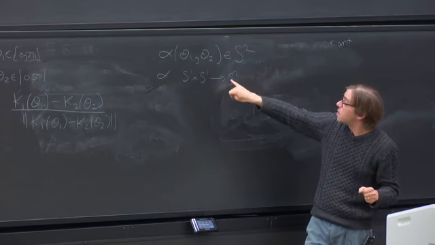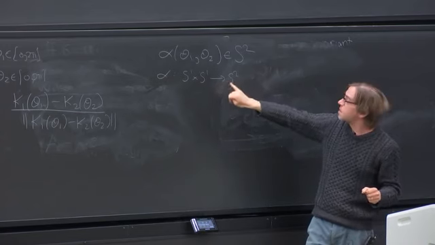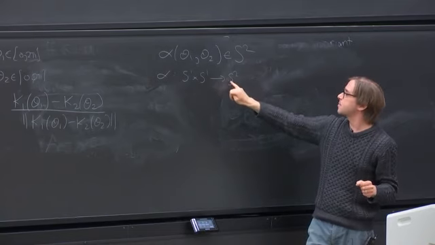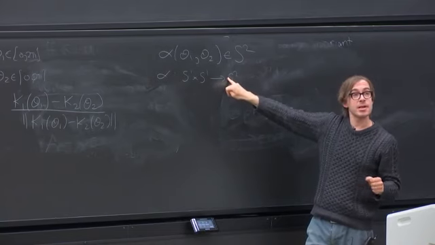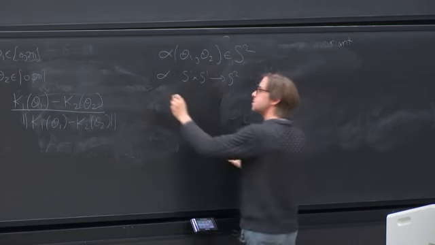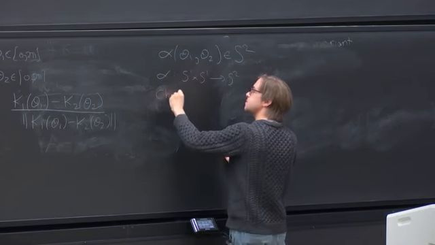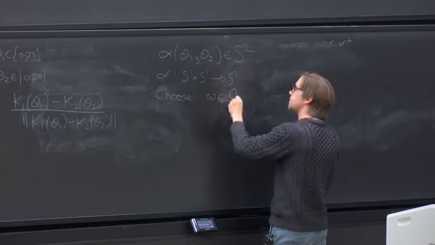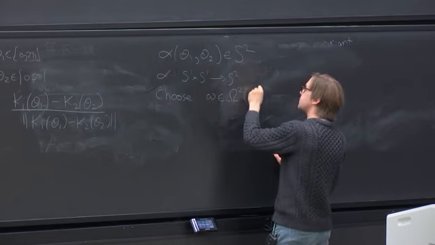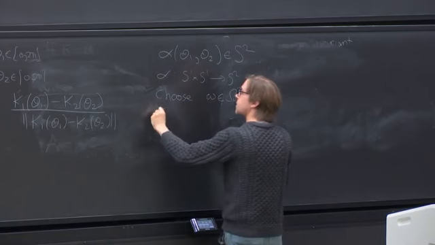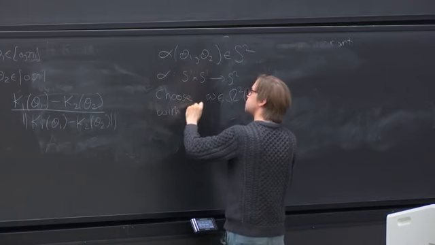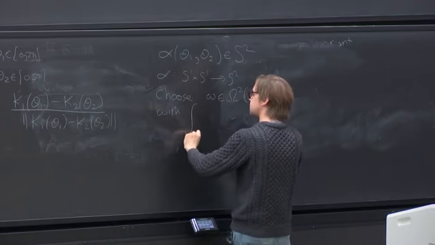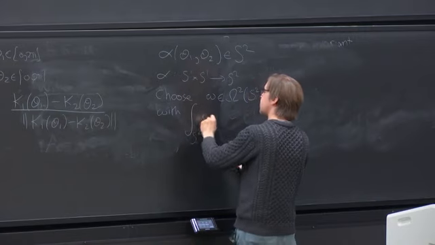And the way you define that is by introducing a measure on the sphere. So we choose omega, which is a 2 form on S2, with the integral over S2 of omega equals 1.